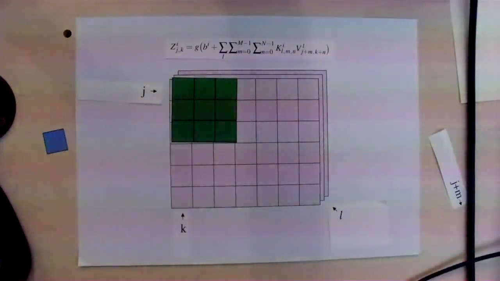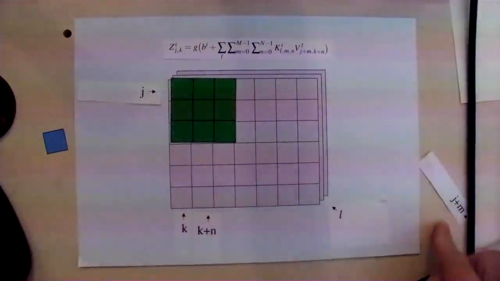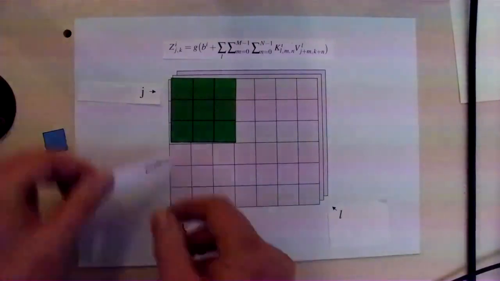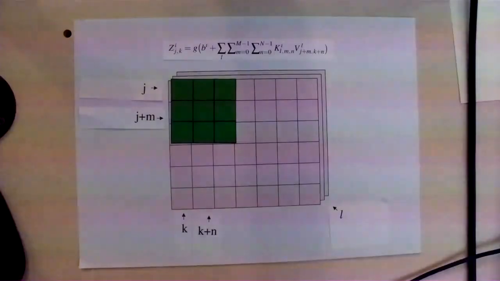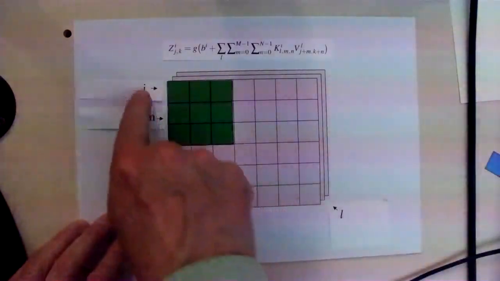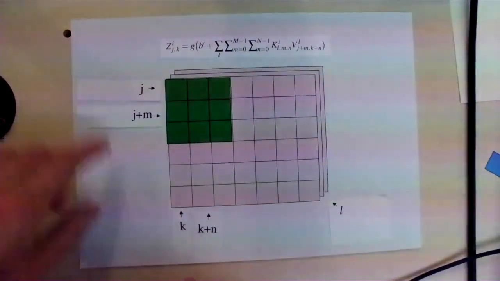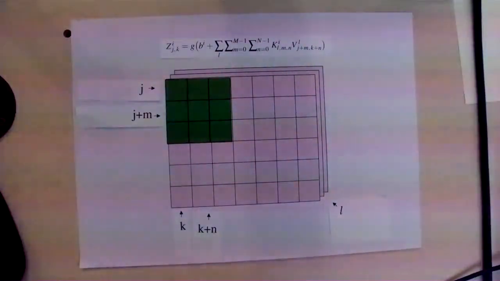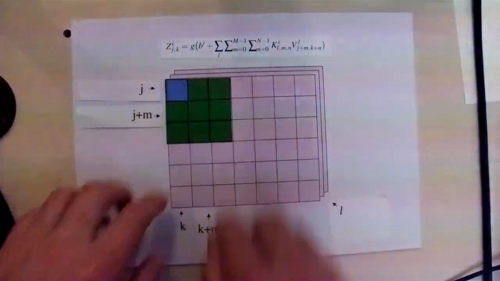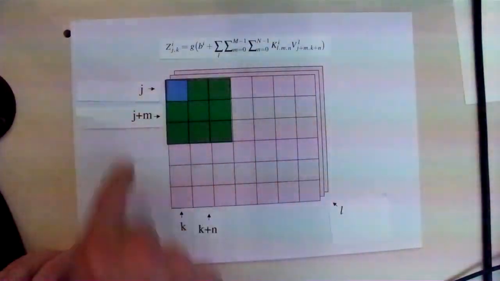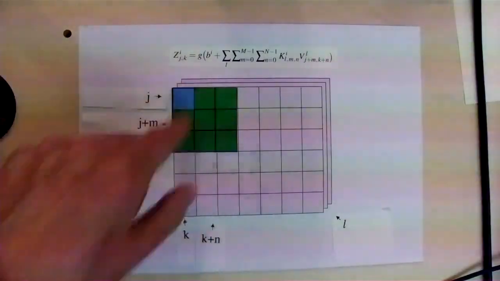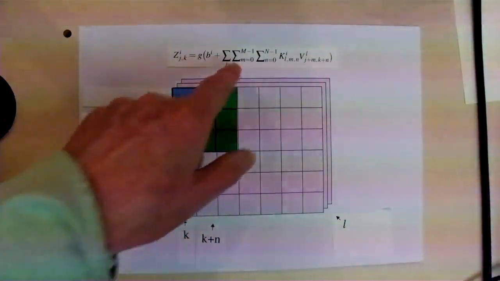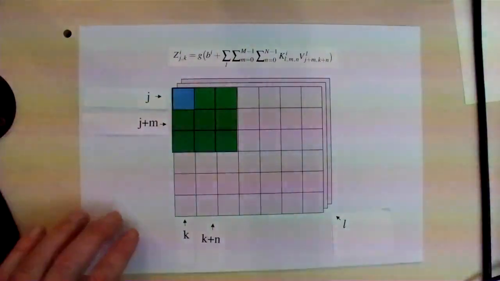And to compute the activation of that blue node, I sum over J and K fixed, because J and K tell me the location of the blue node, but I use M and N to scan over this green area, right? That's what these two summations are doing.